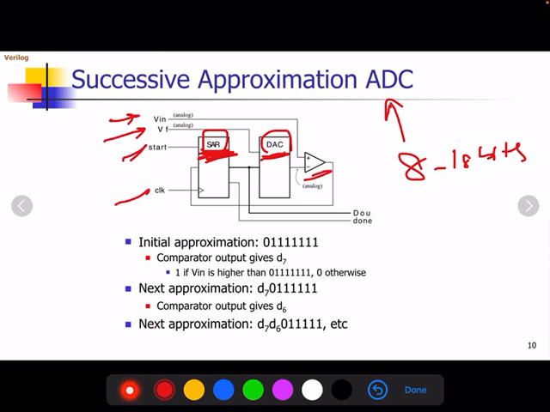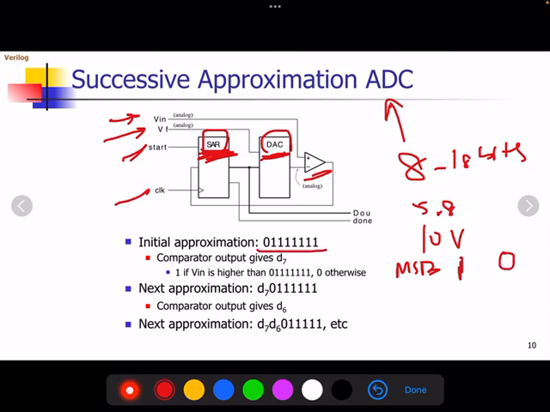Consider the sampled input. Suppose you are providing 5.8 volts, and the reference of the ADC is around 10 volts. When the conversion starts, the successive approximation register is going to set the most significant bit, that is the MSB, to 1, and the other bits to 0.